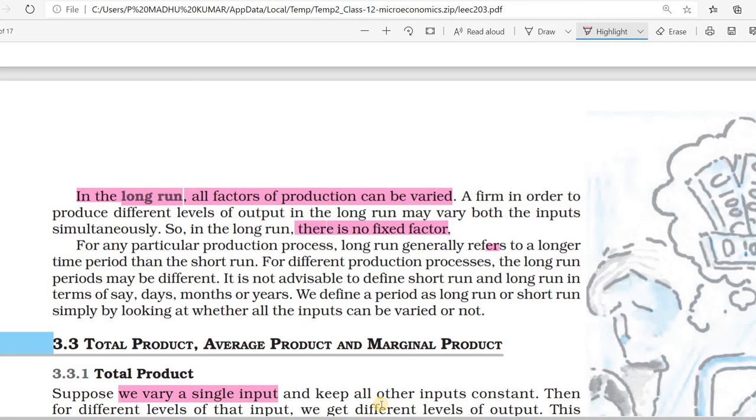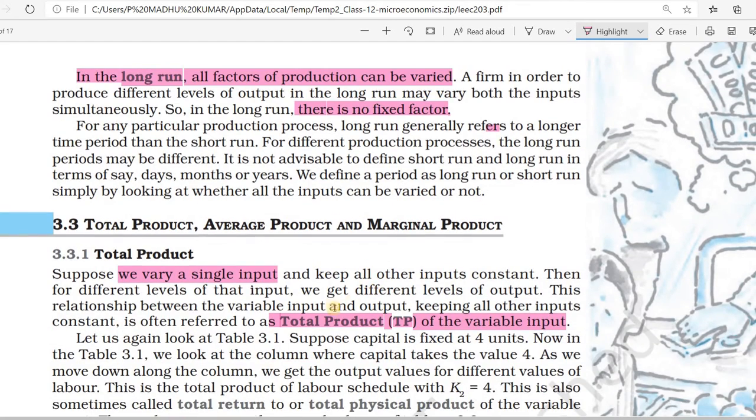We define a period as long run or short run by looking at whether the inputs can vary or not. If all factors of production are varied, we call it the long run, and if only some factors of production are varied, we call it the short run.